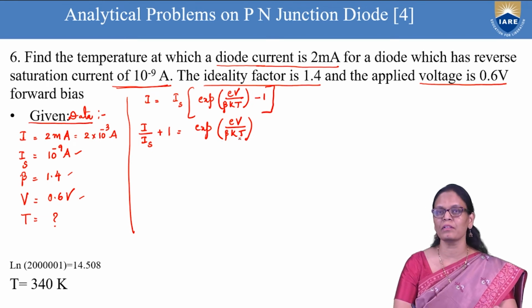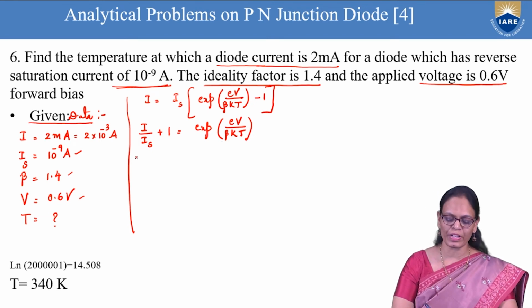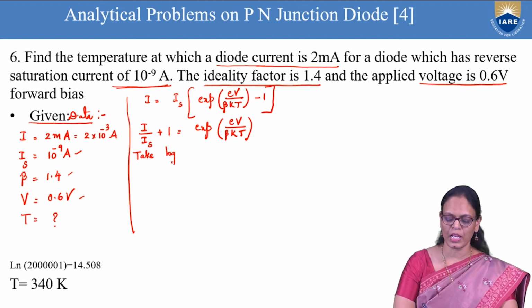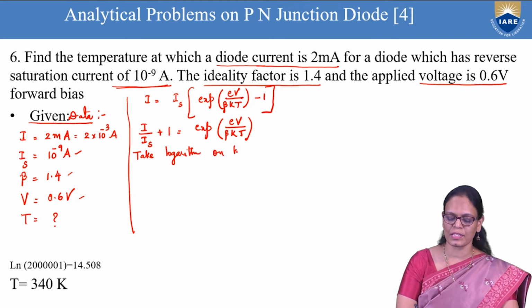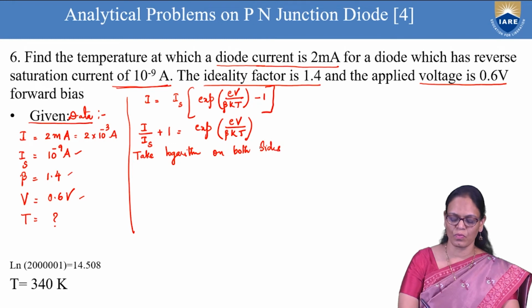Exponential EV by beta KT. Now we take logarithm on both sides. So what we get here is ln I by IS plus 1 is equal to EV by beta KT.